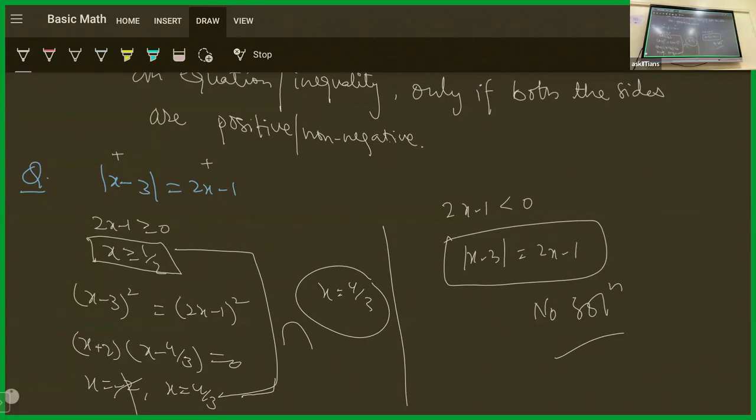Now we are left with the last topic in this, that is modulus inequality. Modulus inequality. So let's suppose I give you |x| > 1, can you solve it? Right, |x| > 1.